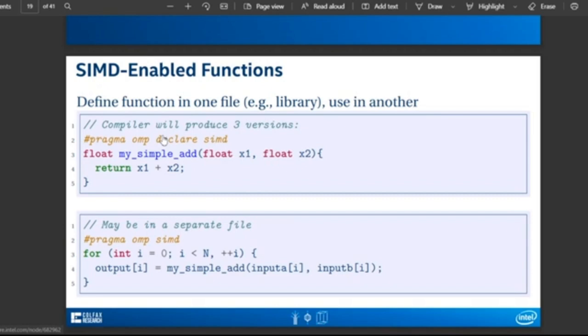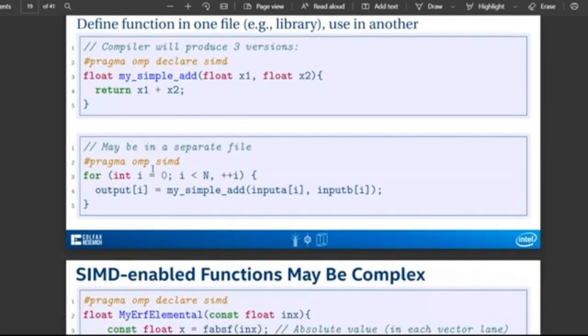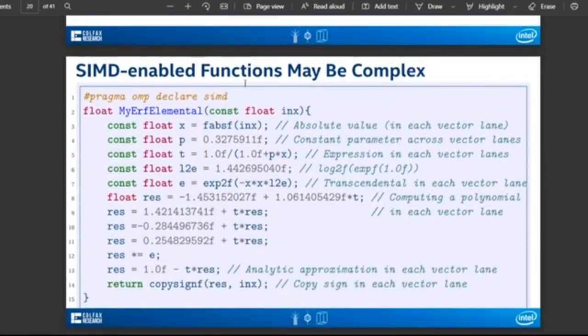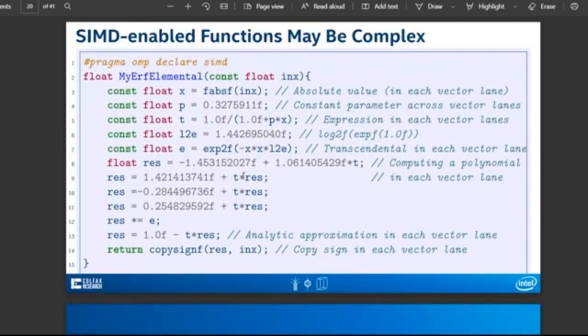But for this case, we're just going to start off with vectorization. Here's a pragma OMP declare SIMD. This is in a separate file, and then we've got pragma OMP SIMD. So this is a SIMD function, and SIMD enabled functions can also be complex.